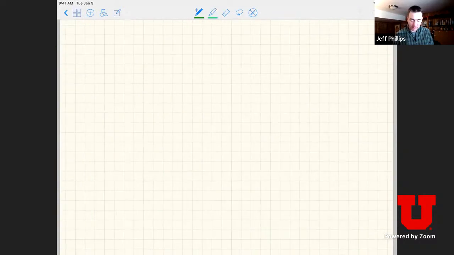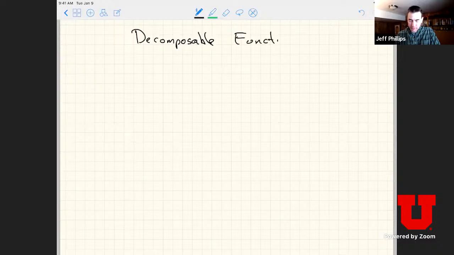This is worth fleshing out because what we're going to look at are called decomposable functions.